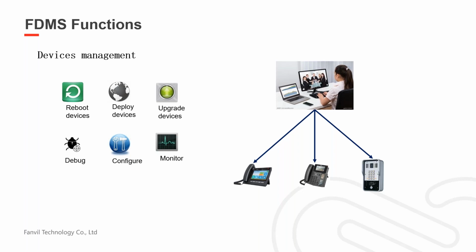We can also upgrade devices with the firmware files on the FDMS server. And we can also use some debug methods and operations on the FDMS server, but not on every phone.